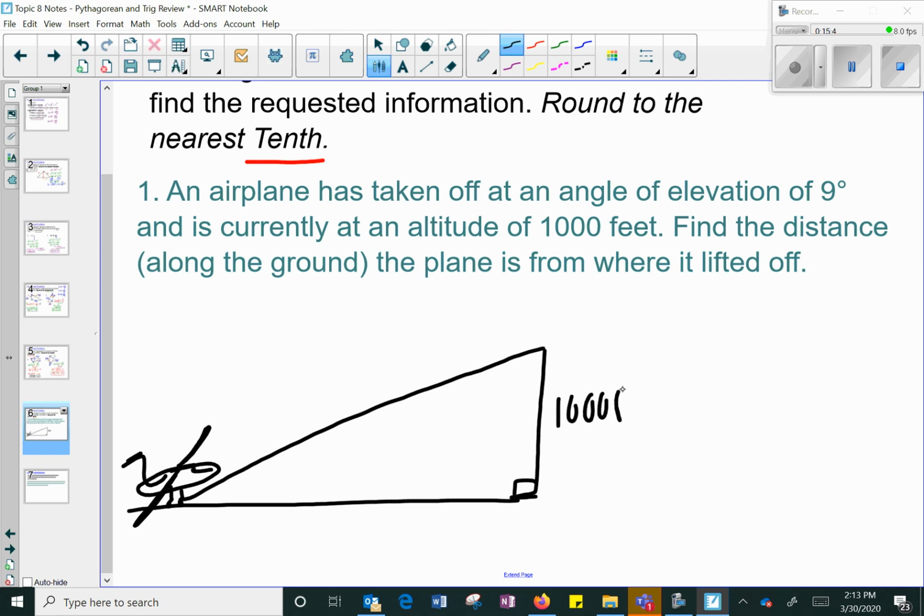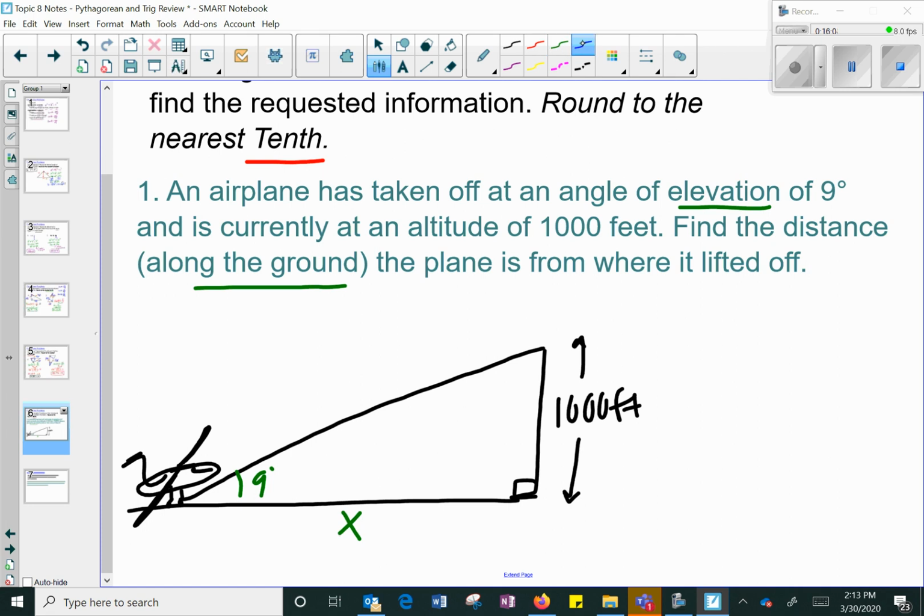Altitude means height, so this would be how high it is from the ground to its highest point once it travels. We're taking off at an angle of 9 degrees, so that would be our angle of elevation. It's opening up from the ground. And it says find the distance along the ground, this is the ground down here, to solve for where the plane is located from where it took off.